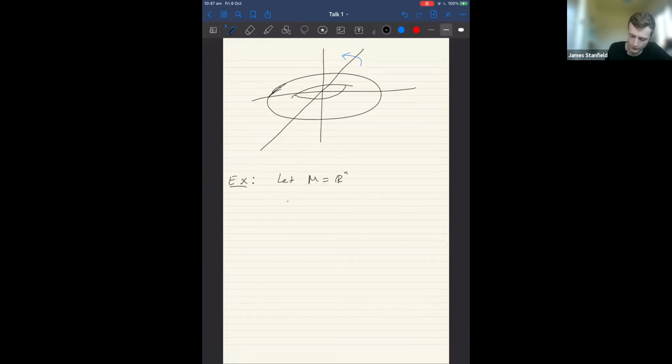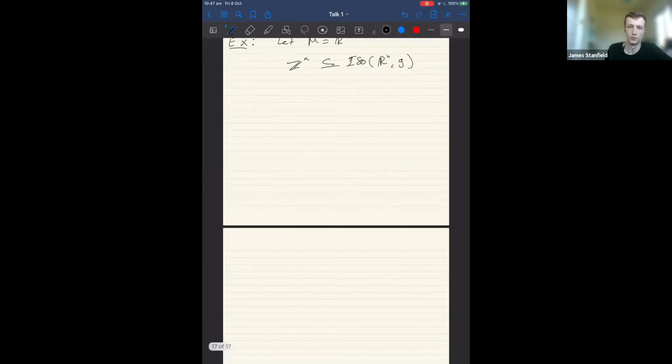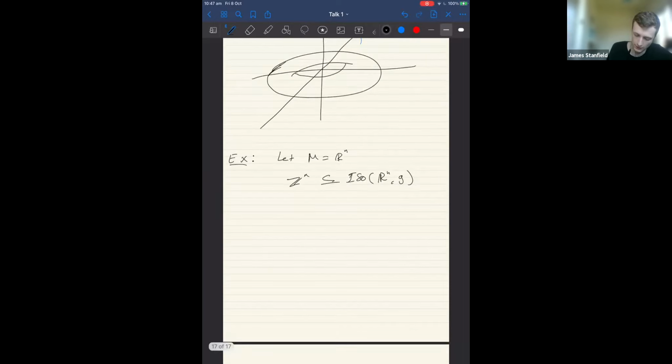And then we'll just take Zn inside the isometries of Rn. Okay, and what do I mean by that? For every n in Zn, I associate an action that takes some x to x plus n. So I just translate it by some integer vector, right?